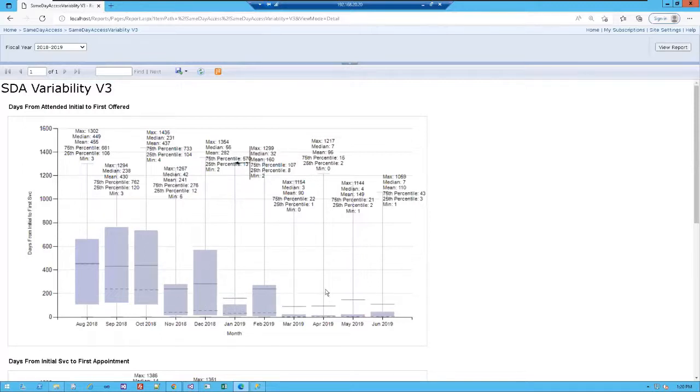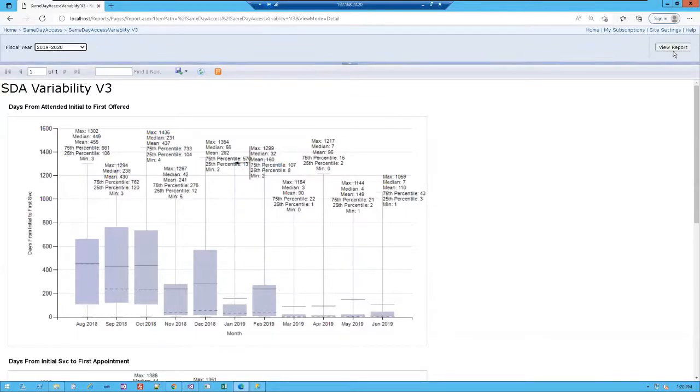So you can see they started to get a lot better in March of 2019. Before that, before they were monitoring it, before they had this tool, they didn't really know how to monitor their same-day access for clients into the behavioral health center. And with this tool, they've just seen dramatic results.